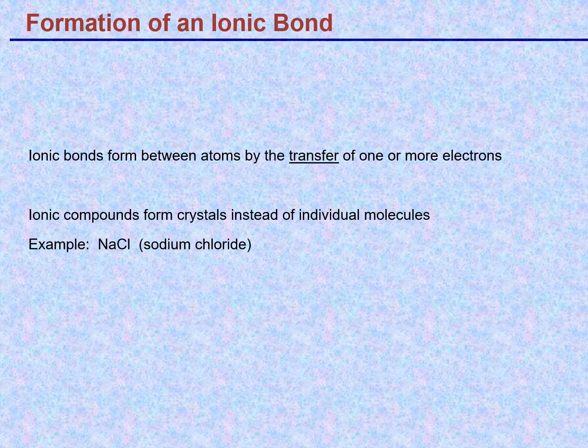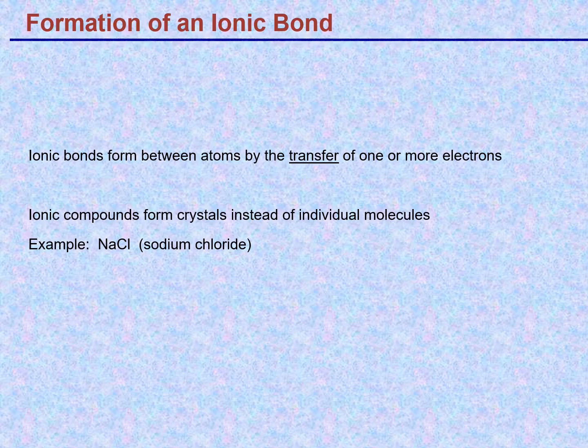Ionic bonds form due to transferring of one or more electrons, as I said on the previous slide. And they will form crystals instead of individual molecules, unless they're in solution. They will form crystallized structures.